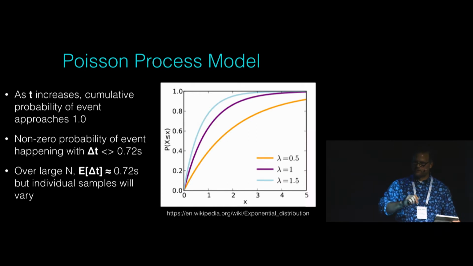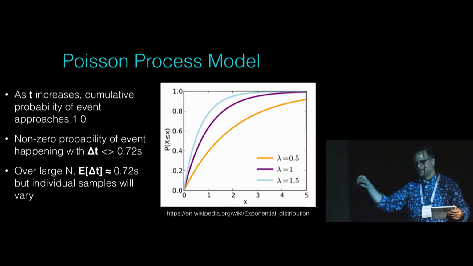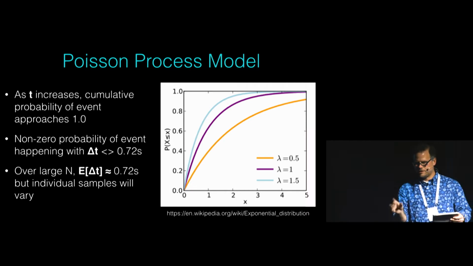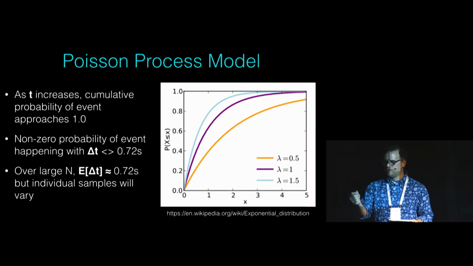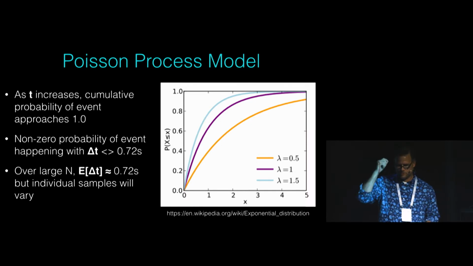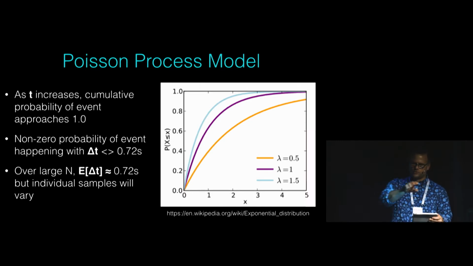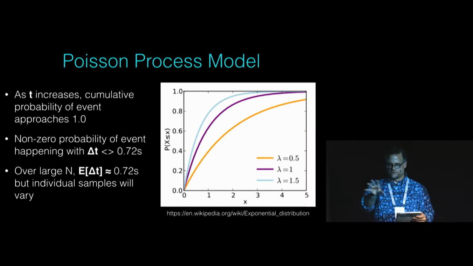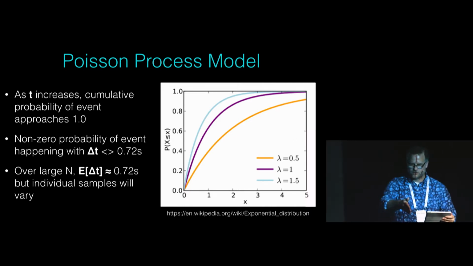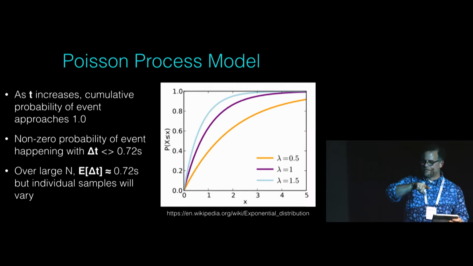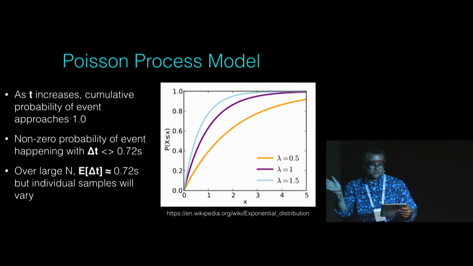So you just keep waiting, and using that expected interval of 0.72, you would see a normal distribution of your intervals laid out, centered around 0.72 for very large numbers. But each of the actual deltas would be all over the place, essentially.